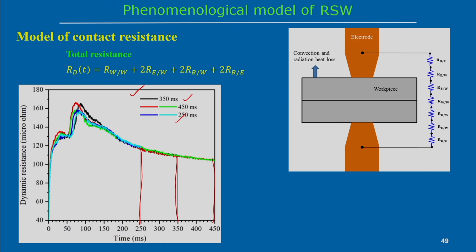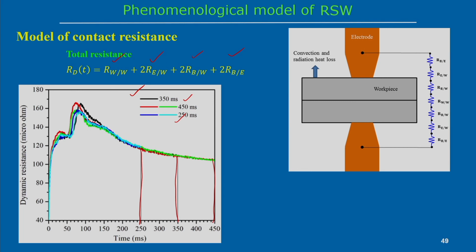Now, assuming the total resistance consists of these parts: the resistance between workpiece and workpiece, the resistance between electrode and workpiece, the bulk resistance of the workpiece, and the bulk resistance of the electrode. We can sum all these things. There are 1, 2, 3, 4 components.